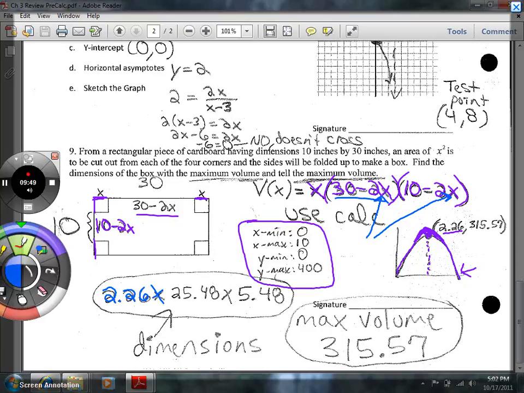So 30 minus 2 times 2.26, that's where you're going to get this, 25.48. Then 10 minus 2 times 2.26, you're going to get that coordinate. So those are your 3 dimensions for the box. And your max volume is going to be multiplying those 3 together, or just looking at the y coordinate is also the max volume, 315.57. Does that make sense? Hopefully that helps.